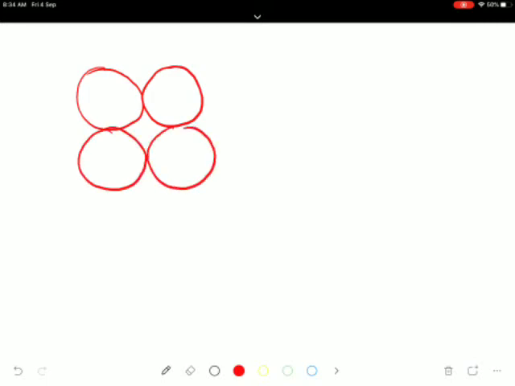So, 4 spheres at the corners of a square and 1 sphere above and 1 sphere below. That is an octahedron, and in between is the octahedral void where you can keep a small cation. Small cation is shown with that black circle.